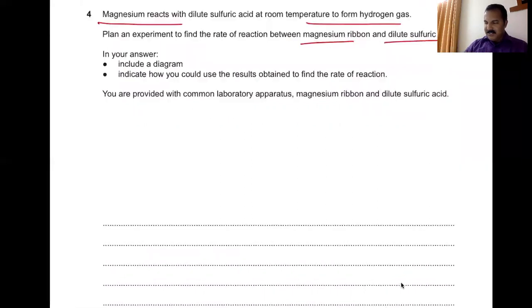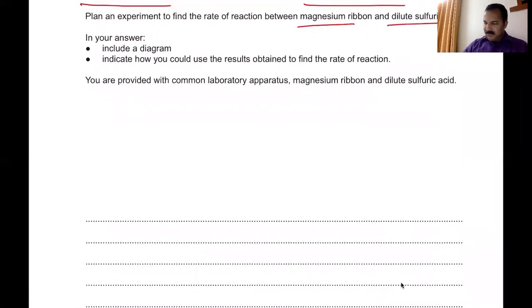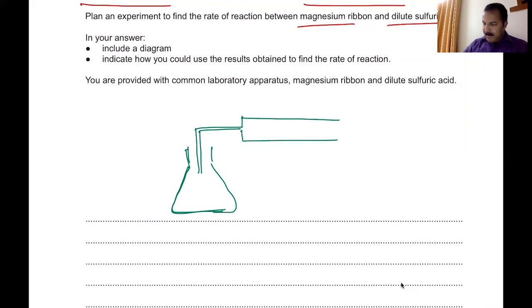So you draw a diagram which shows a container, I would suggest a conical flask, then a gas syringe connected to that. Then the conical flask should have a rubber bung. Close it.